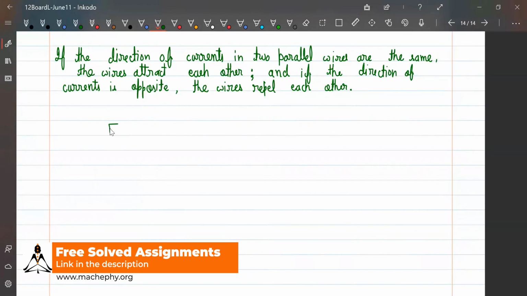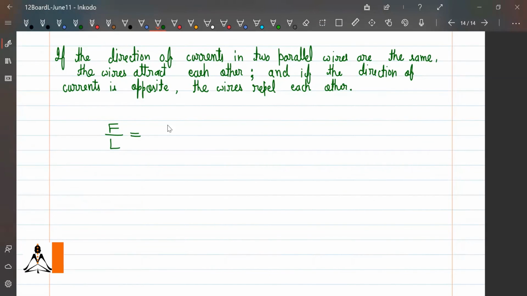And from here, we are getting a standard definition of the current. Suppose I want to define the current, I can write a quite simple definition.